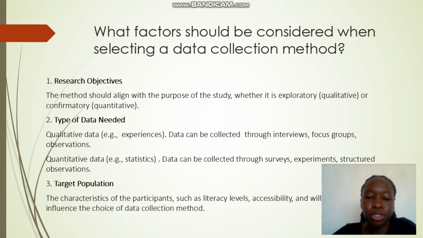For the target population, we can consider the literacy levels of this population of a given sample. For example, we cannot write questionnaires in English for an illiterate target population. That would be very inefficient. And also consider the willingness of the population to participate in our research, or to participate by providing us with the data that we need.